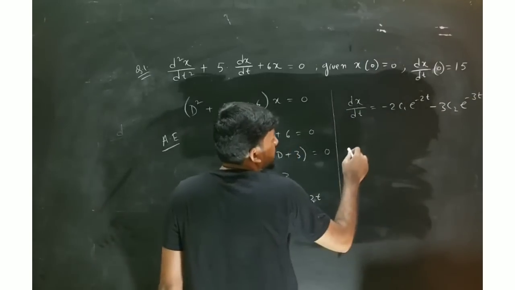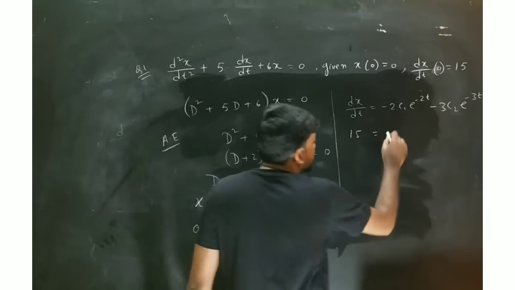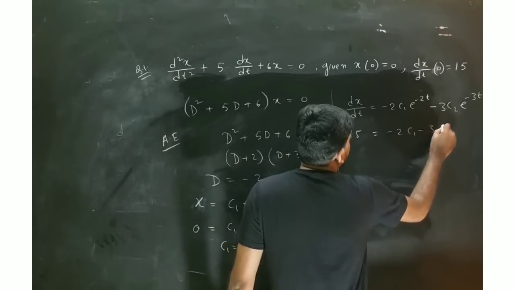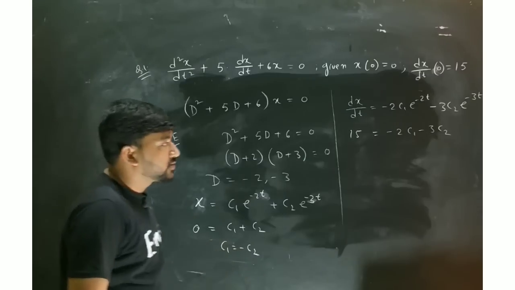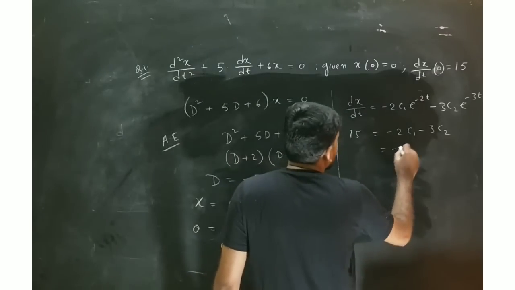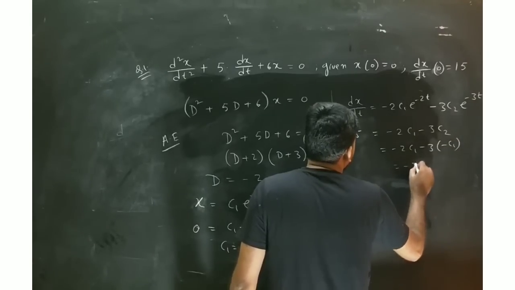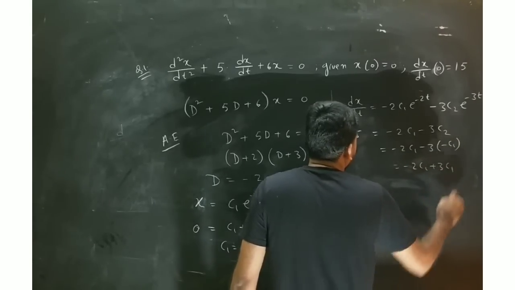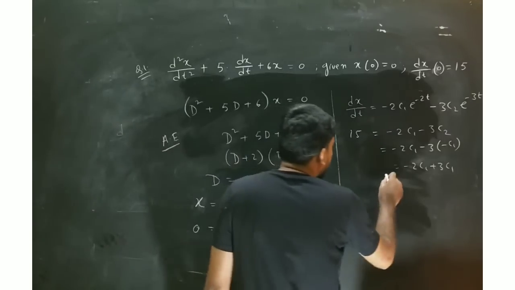Now this dx/dt is equal to 15 when t = 0, that means -2c1 - 3c2 = 15. Now if you put c2 = -c1, then you get -2c1 + 3c1, so c1 = 15.